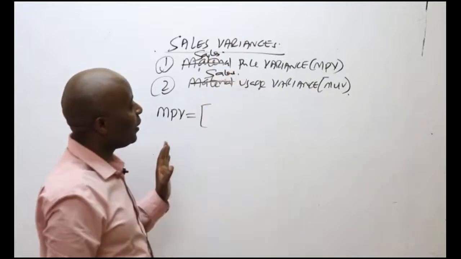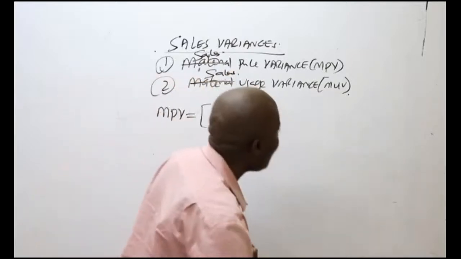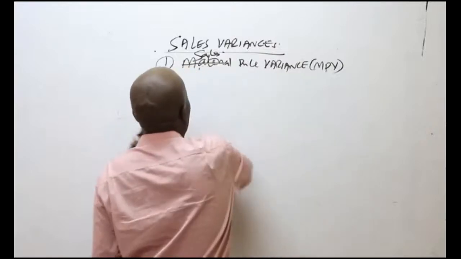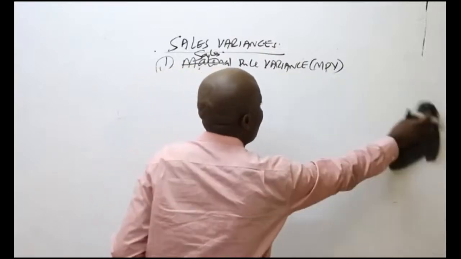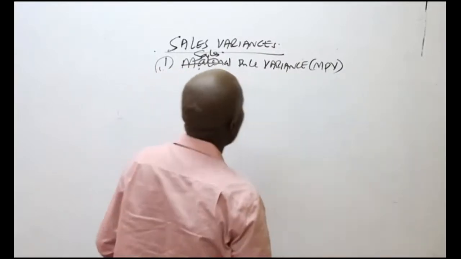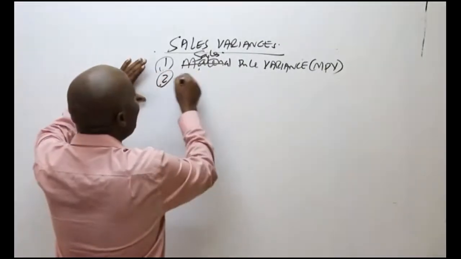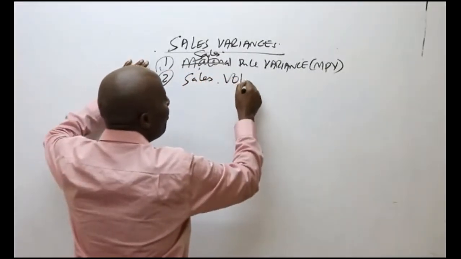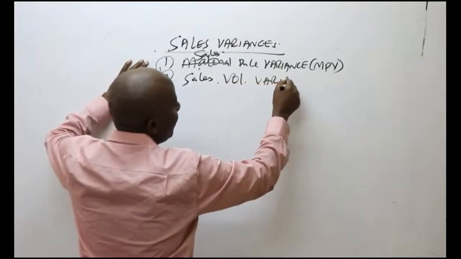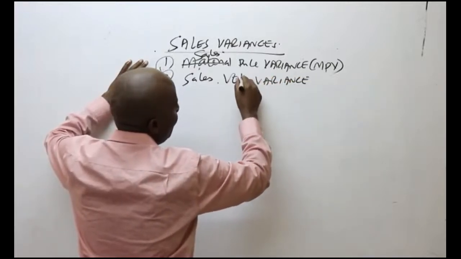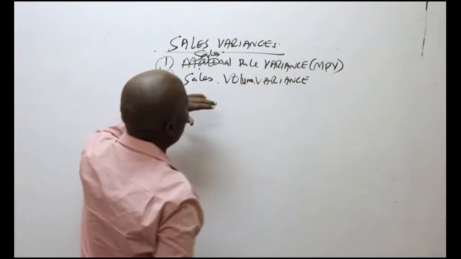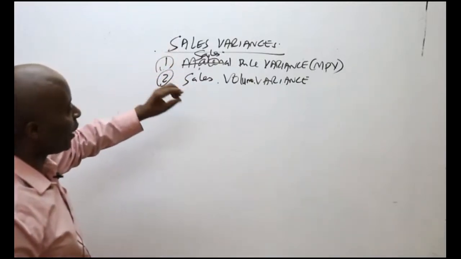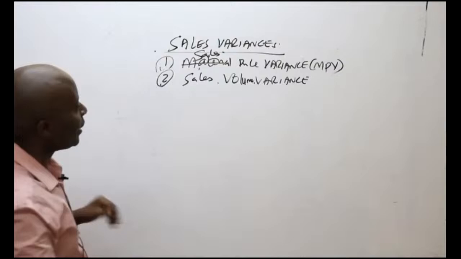So in this case, we have sales price variance, and then number two, we have the sales volume variance. I went back to the material price. So sales volume variance, and then we have sales price variance.